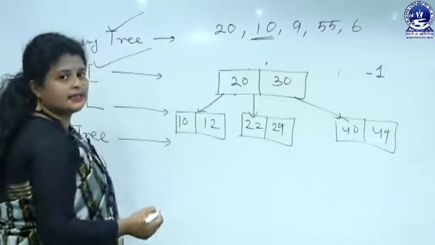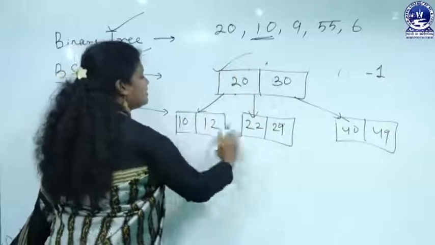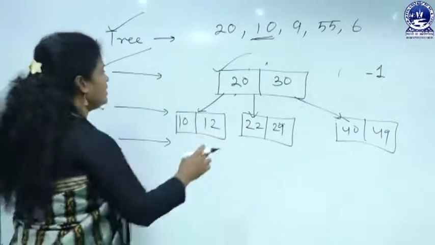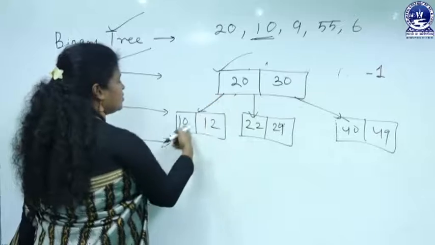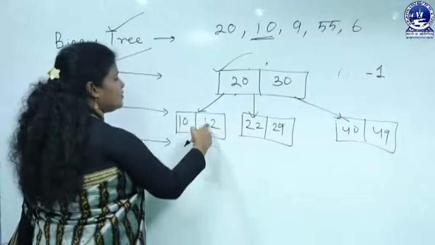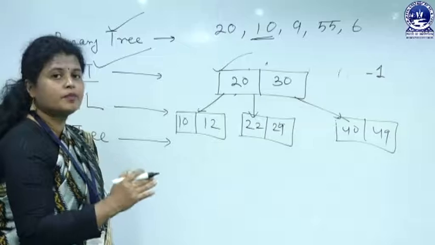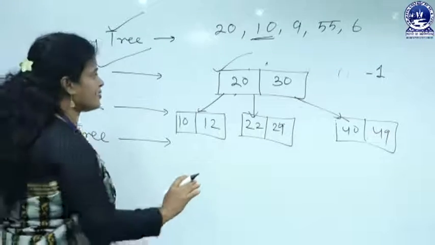Now you can see that this is the parent, all these are leaves, I am just not expanding anything. The node here consists of 10 and 12, which have lesser value than 20, it satisfies the properties of binary search tree.